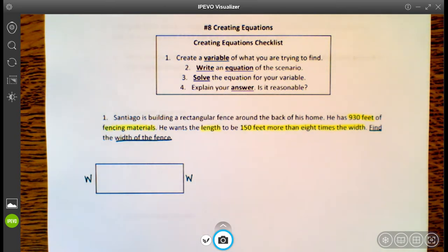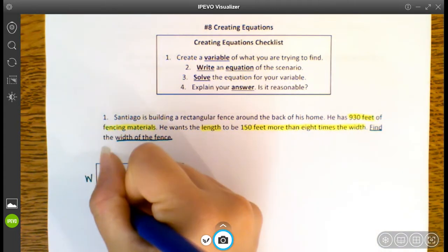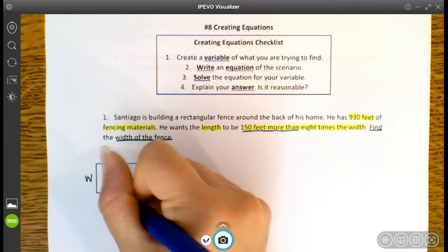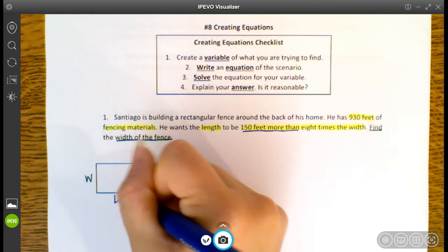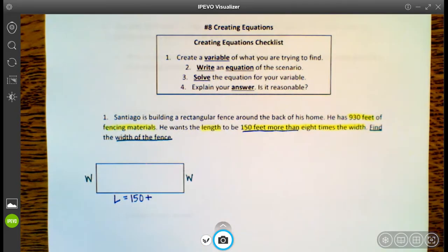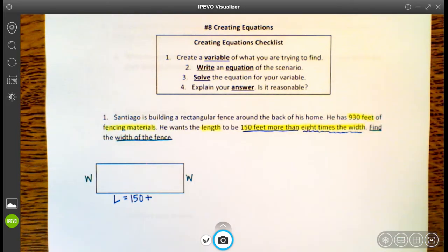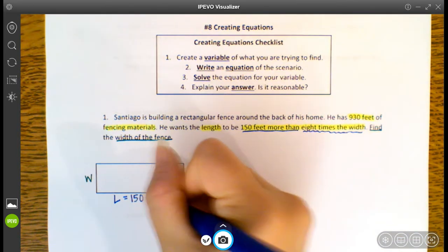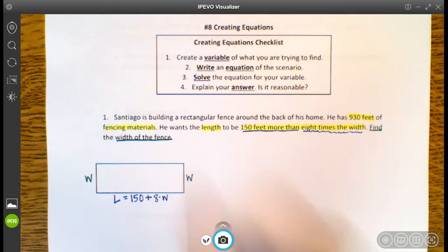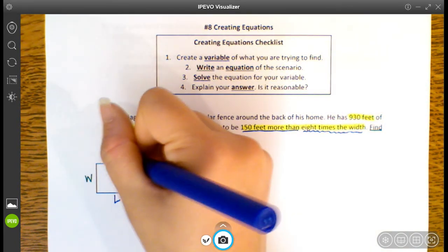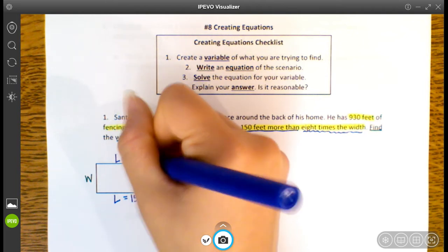Now, the length of our rectangle, they tell us, is 150 feet more than, which means we are going to have 150 plus 8 times the width, or you could just write that as 8W. And again, guys, there are 2 lengths in a rectangle.